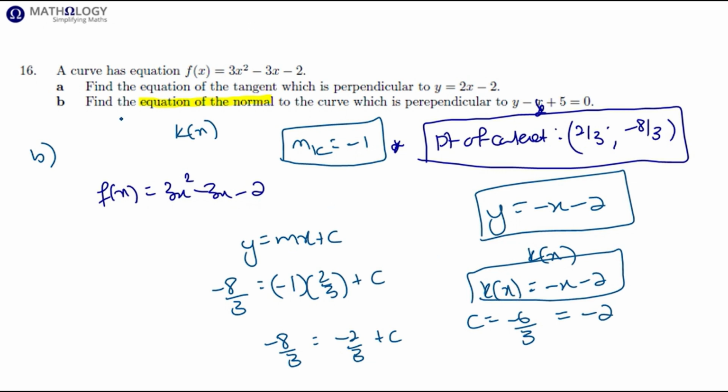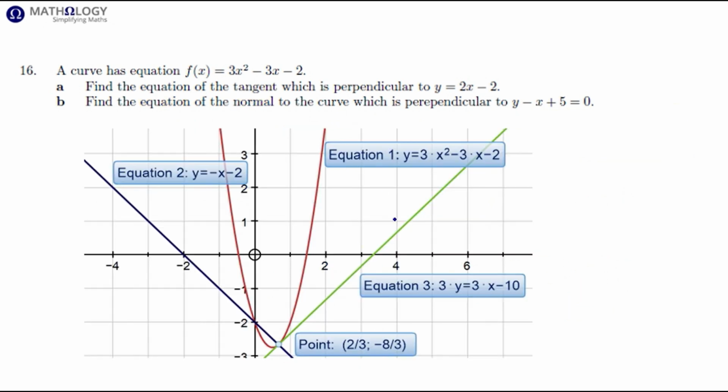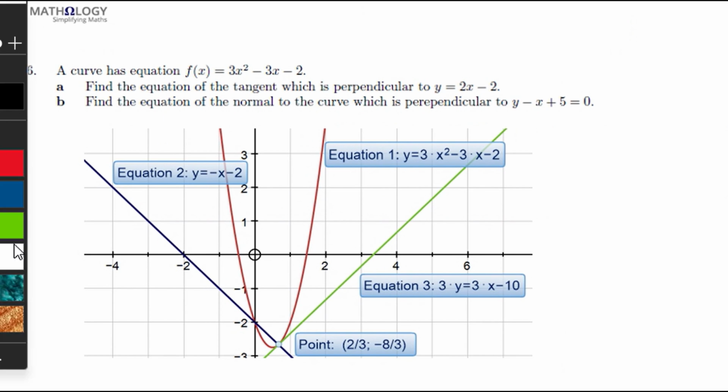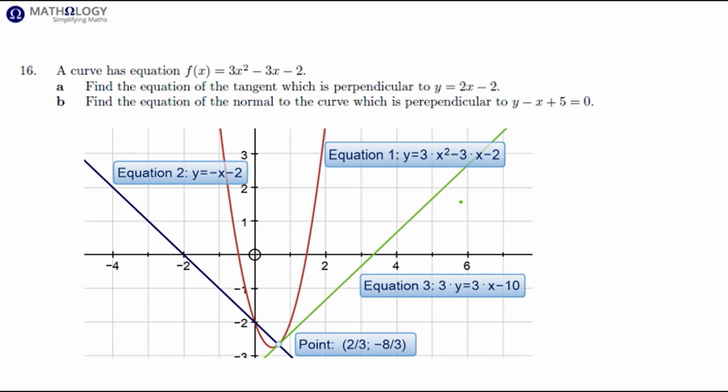We can illustrate this graphically. The equation of the tangent in green is given by 3y equals 3x minus 10, and we can verify this. The gradient of the tangent is 1 because the gradient of the normal is negative 1.